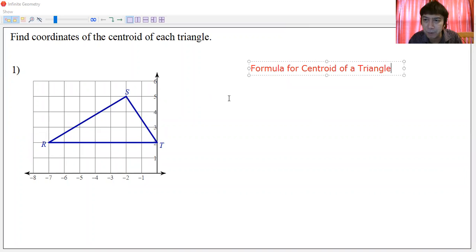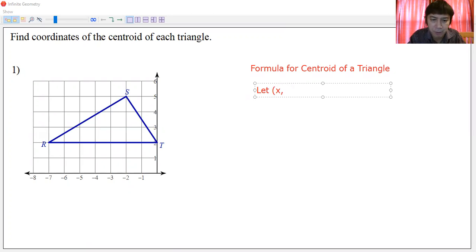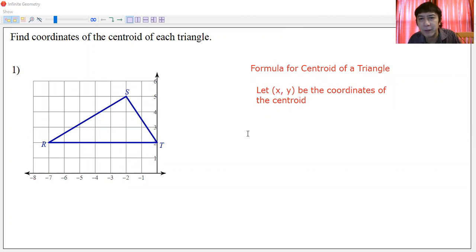Let x, y be the coordinates of the centroid. So let's say we have the coordinates of the vertices.